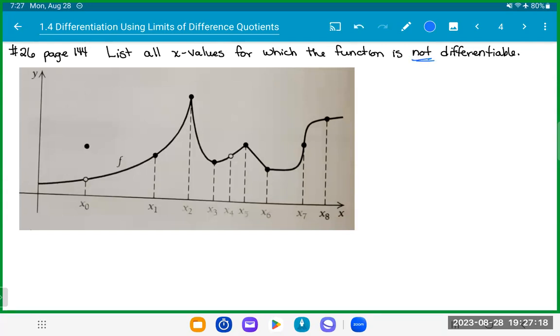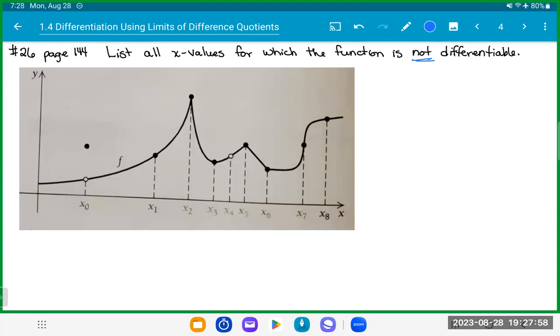So we want to determine where the function is not differentiable, because it's either a corner or it's discontinuous. To be differentiable, remember, we want a smooth, continuous kind of curve. So if we have a corner, which means a sharp change in direction, or if we are discontinuous, like there's a break in the graph, then we're also not going to be differentiable.